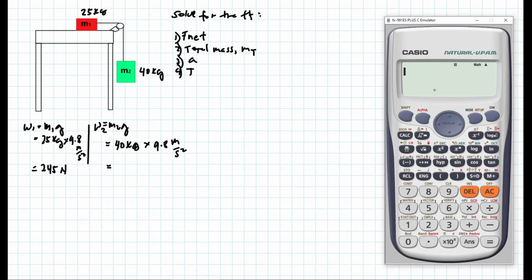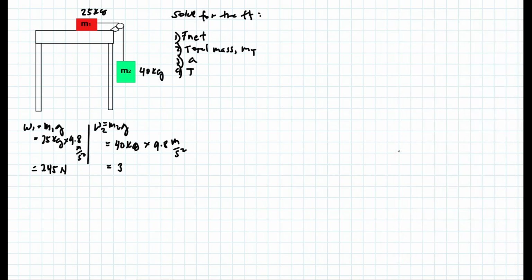So that's going to be 40 times 9.8. That gives us 392 newtons.